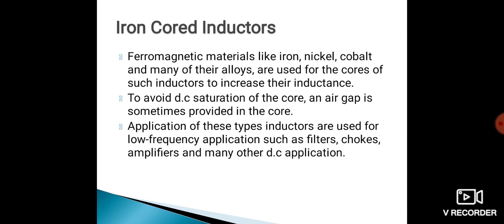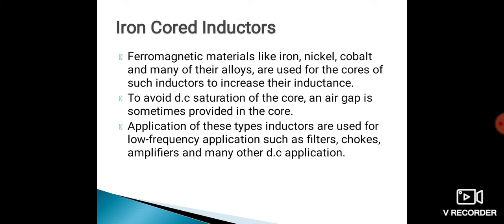Now we will see the iron core inductor. A ferromagnetic material like iron, nickel, cobalt and many of their alloys are used for the core of the inductor to increase its inductance, that means to increase its value.